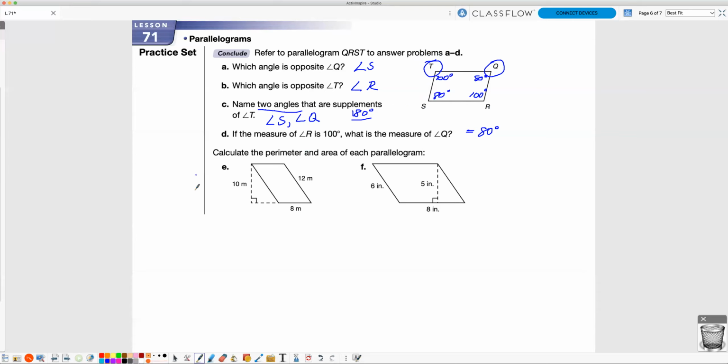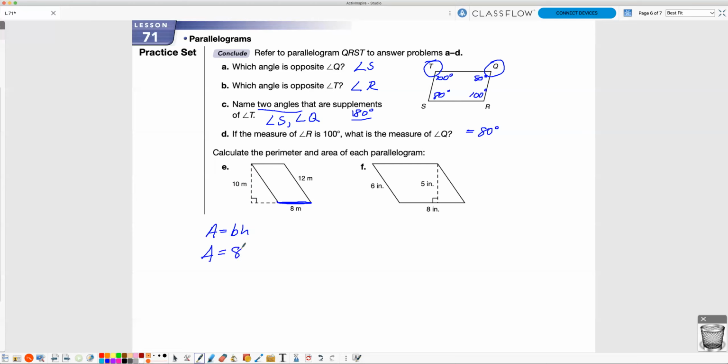Letter E, calculate the perimeter and area of each parallelogram. So here's the base. Why do I know this is the base? Because I have a perpendicular side here, this measurement of 10 meters is perpendicular to the base. The base is only 8 though, it doesn't go all the way out here. That's why they used a dashed line. So for letter E, I need to have the area equals the base times the height, or length times width, whichever way you want to label it.